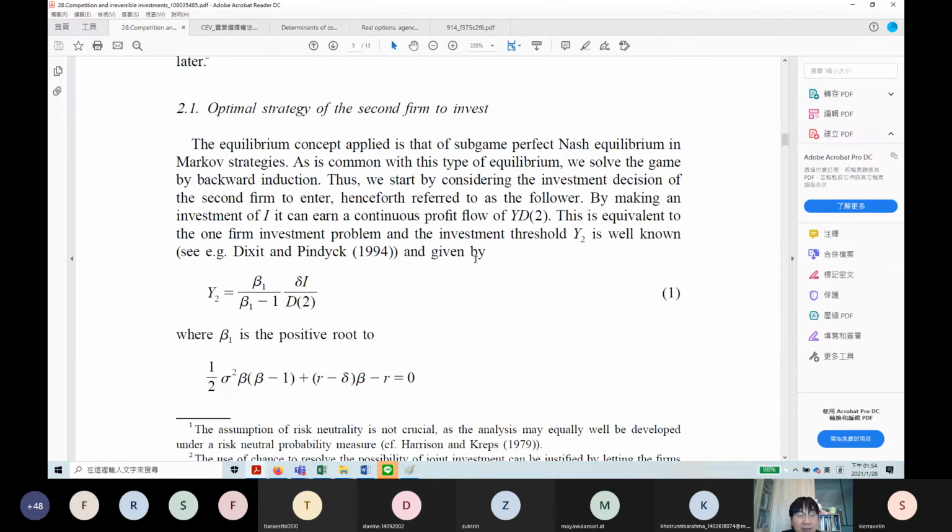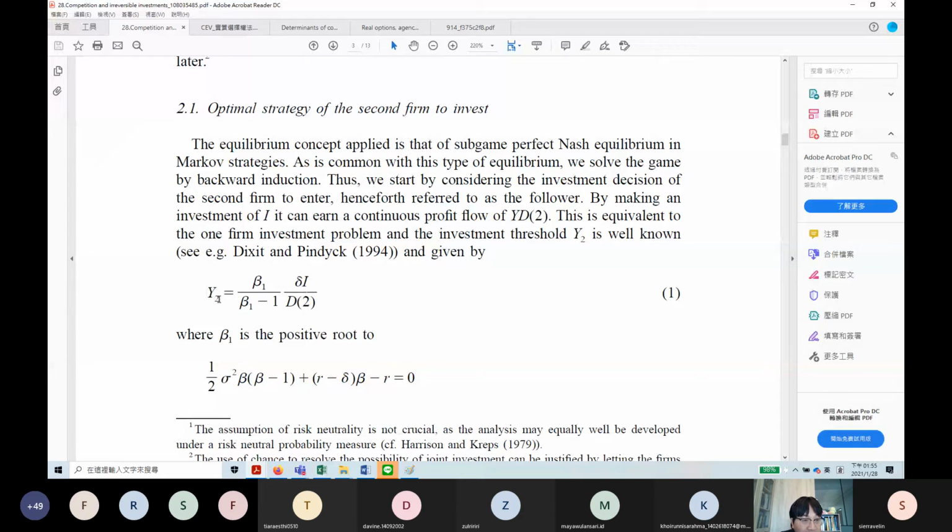Okay, so last day I said you have to find the criterion to judge when is the best timing to invest or wait, right? So here, equation 1, you have to find a Y star.